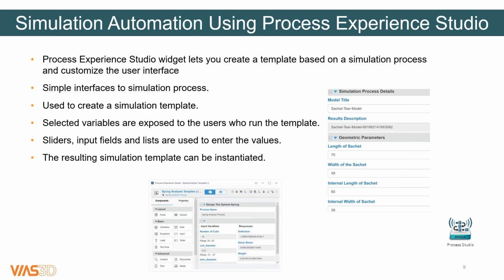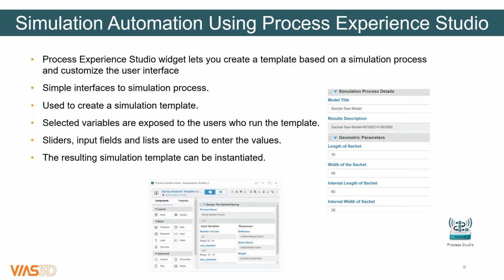So this is a simulation automation using the Process Experience Studio widget, which you can use to create a template based on the simulation process, and also customize the user interface. Basically, at the back end, there is the Process Composer that connects to this template.